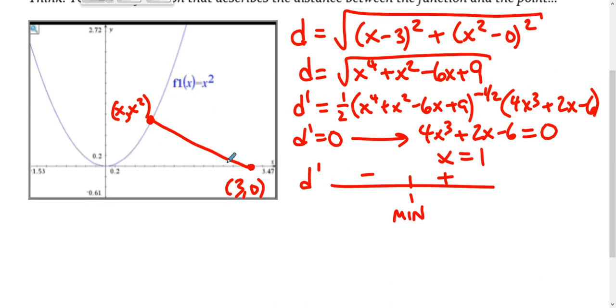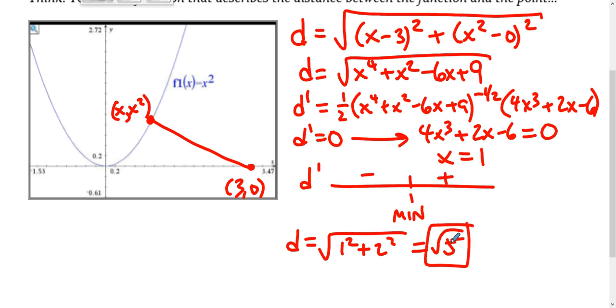Well, that would be the length of this segment, where this is the point (1,1). And so that's the square root of 5. The minimum distance is the square root of 5. And that's if this is the point (1,1).